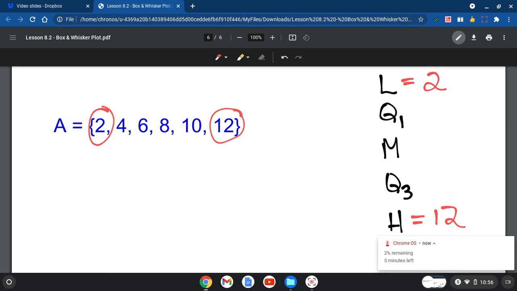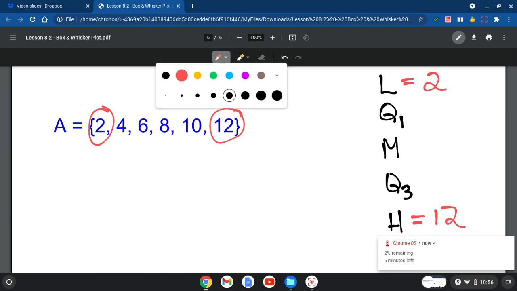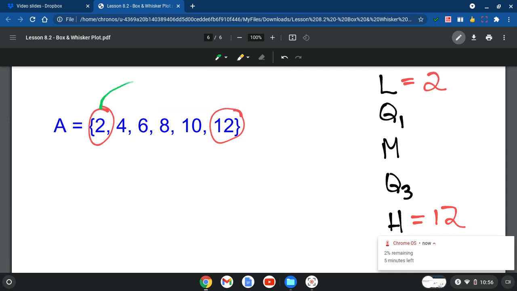Next, let us find our median. Our median, if we draw our rainbow, would connect our highest with our lowest and keep going until we get to our center number. So we have two centers here.